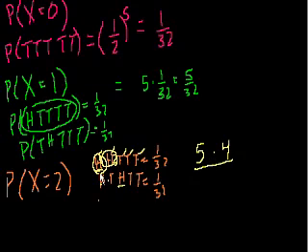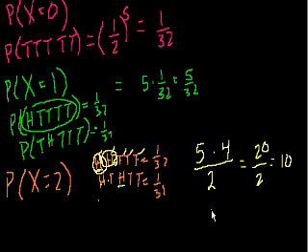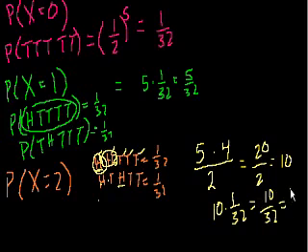So there are actually 2 different ways that this can happen, so we divide by 2. As you'll see, it's actually 2 factorial ways that it can happen. If this had 3, we would do 3 factorial, and I'll show you how that can happen. So this will be equal to 5 times 4 is 20, divided by 2, which is equal to 10. So there are 10 different combinations out of the 32 where you have exactly 2 heads. So 10 times 1 out of 32 is 10 over 32, which is equal to 5 over 16.